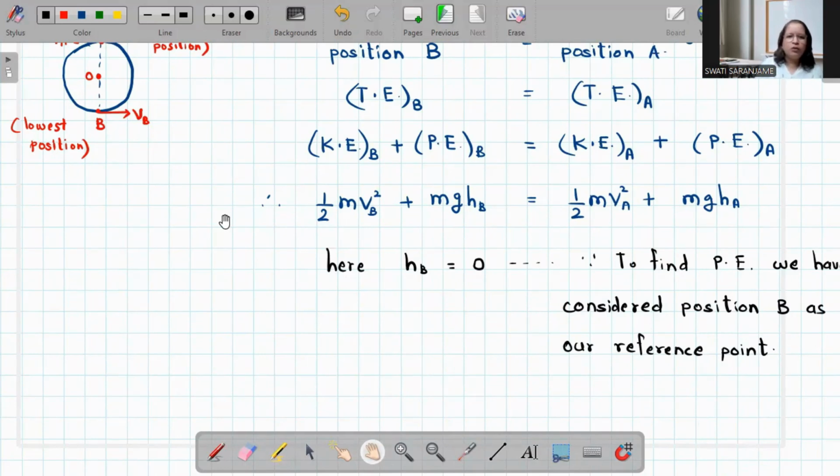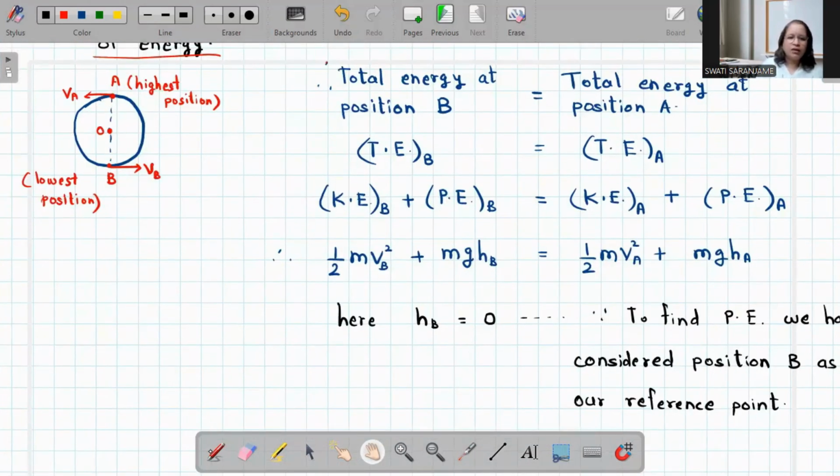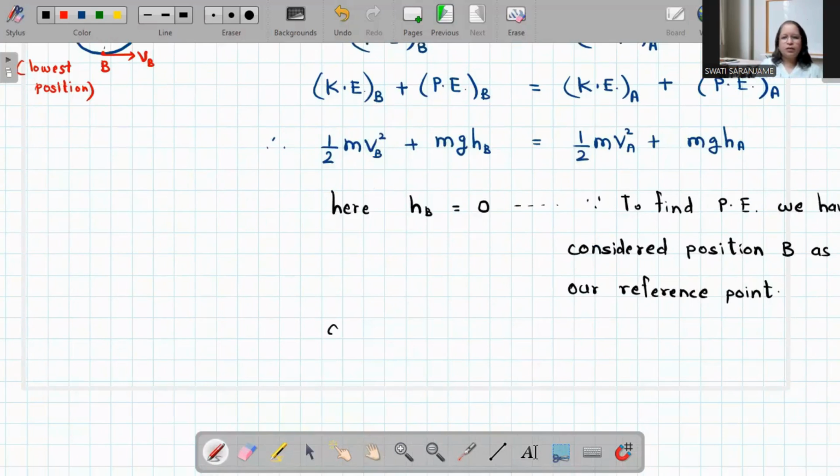And what about A? When it reaches A, it has acquired the vertical height which is equal to R plus R, which is 2R. So let's write that. HA is equal to 2R. Now substitute this in above equation.